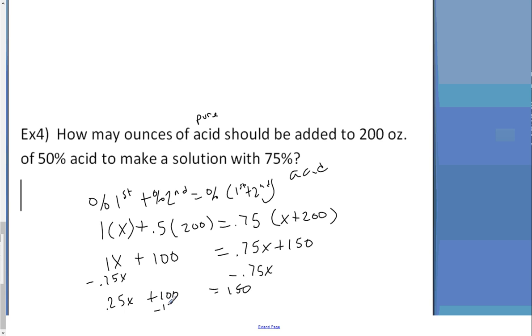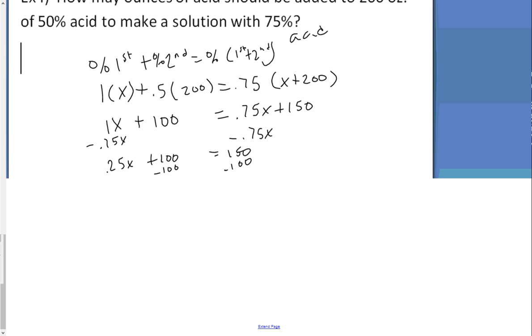Subtract 100 from both sides. By now, you're probably getting pretty good at algebra, but I'm going to still go through it with you. Right here, 150 minus the 100 was 50.